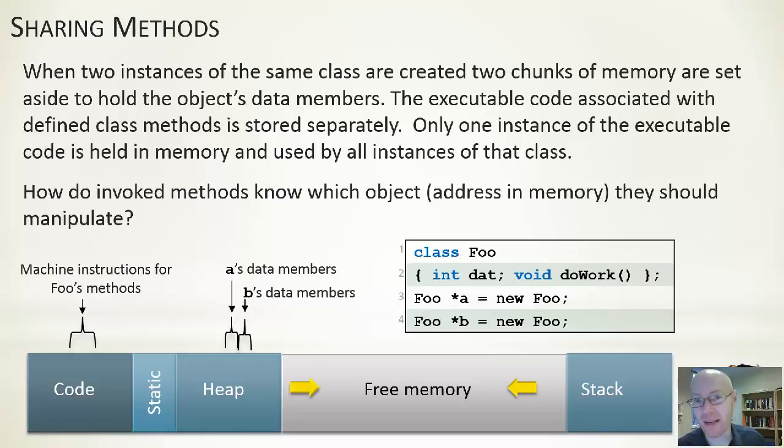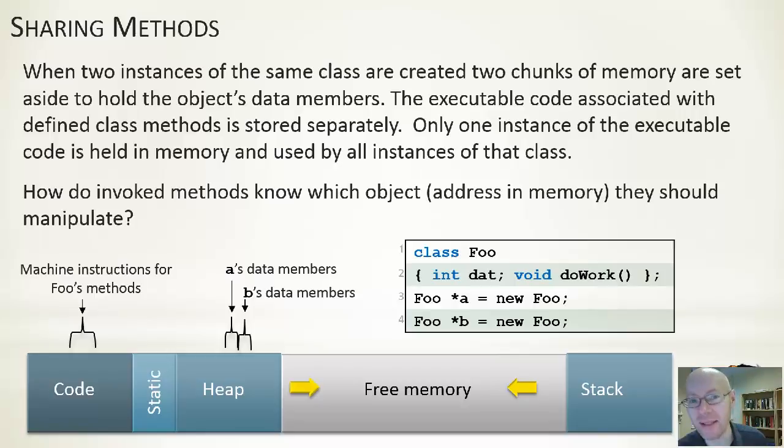If I have a class called foo, we're declaring a member variable called dat as an integer, and a method called doWork, which presumably includes some instructions. If I create two instances of foo, A and B, they'll be stored in this case on the heap, and we'll reserve sufficient memory on the heap to store the data members associated with that particular instantiation.